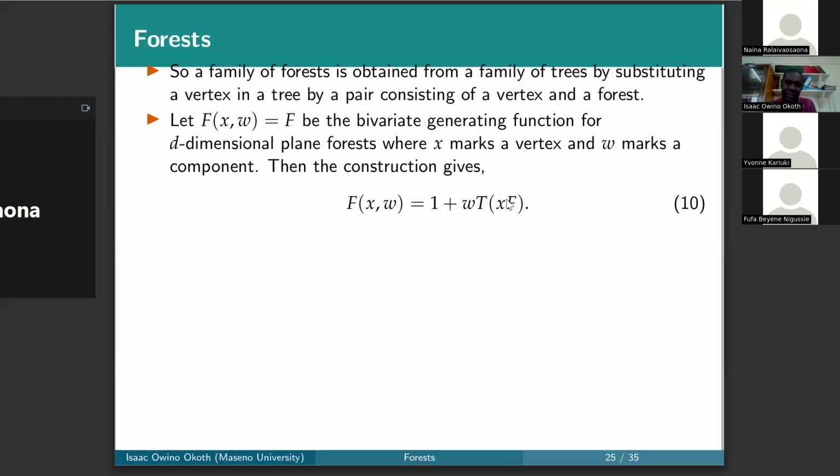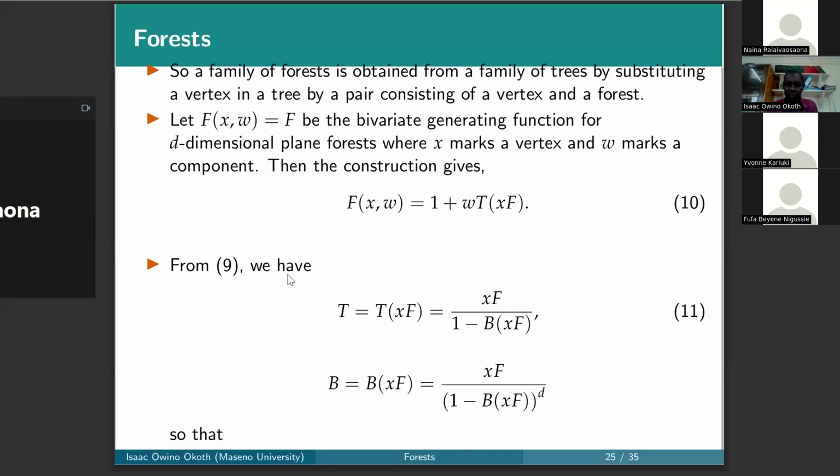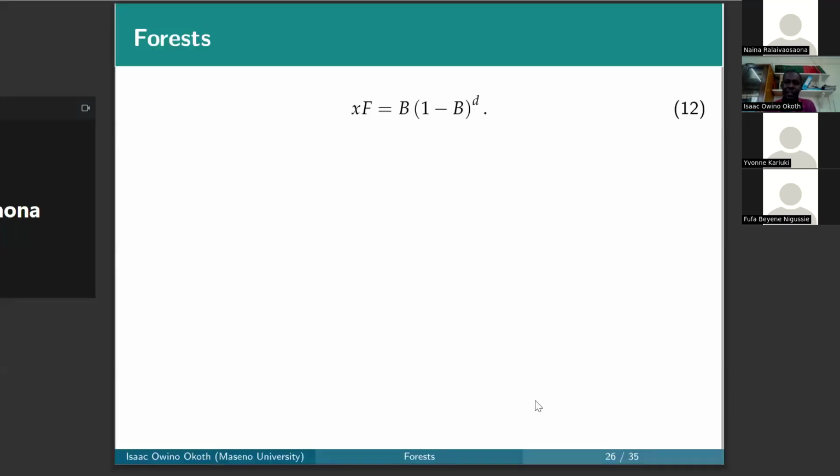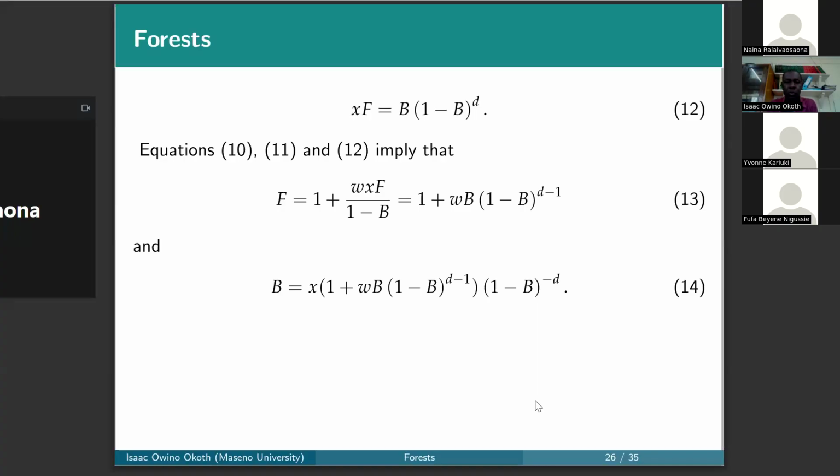It is because a vertex is replaced by a pair, which is a vertex represented by x and a forest represented by F. So from the generating functions for a tree and the butterflies, we get that T of xF will be expressed as in 11, and B will also be expressed as shown, so that we have that xF is expressed as 12. So we bring everything together and find that F, the generating function for the forest, is just 1 plus wB times (1 minus B) to the power minus 1.